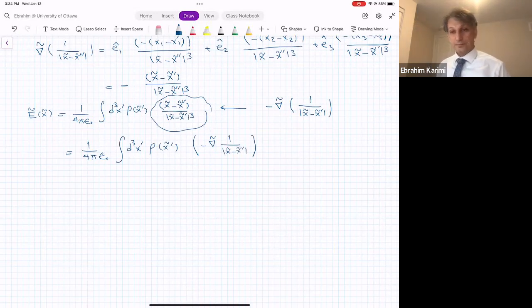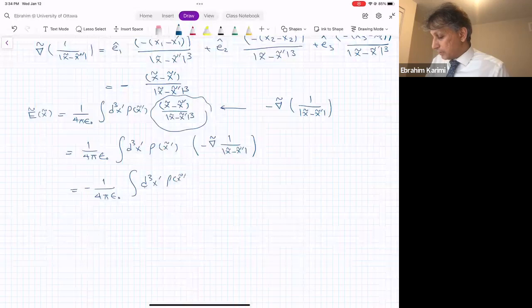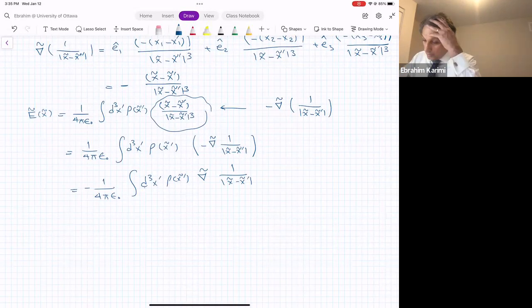All right. The minus sign can be taken out, so we will have minus 1 divided by 4 pi epsilon naught, integral of d3x prime rho of x prime. And now we are dealing with an interesting situation, which is the gradient of 1 divided by |x minus x prime|. So what is the integral on? The integral will be on d3x prime, so the integral will be on x prime.